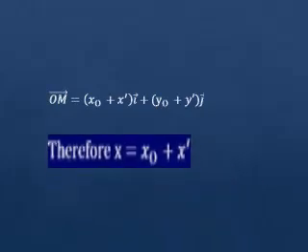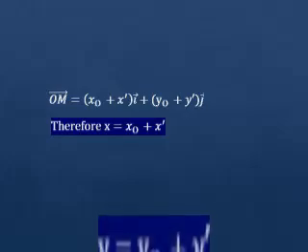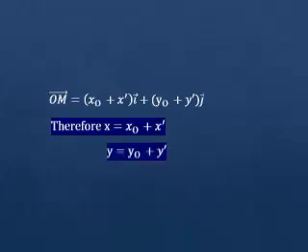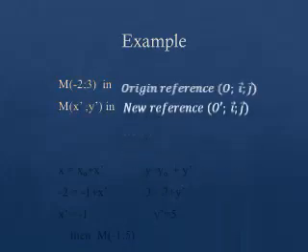There is a rule that says that the old coordinate is equal to x prime plus the new origin's x, and the same thing for y. Let us take an example. I have the point M (minus 2, 3) in O. Now I have M in O prime.